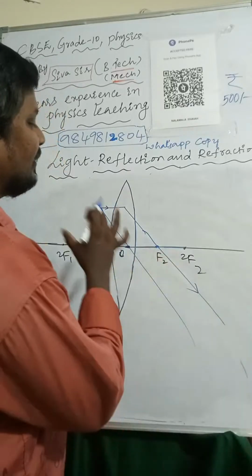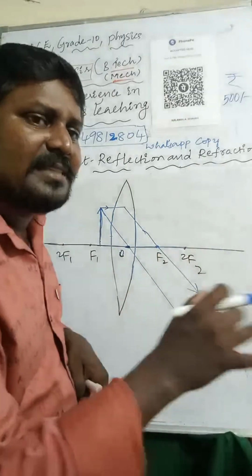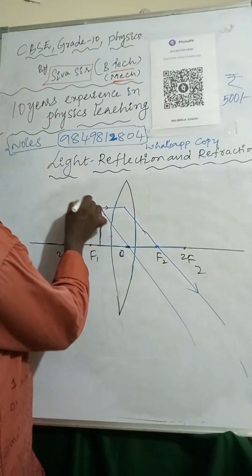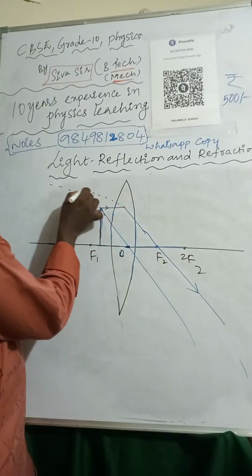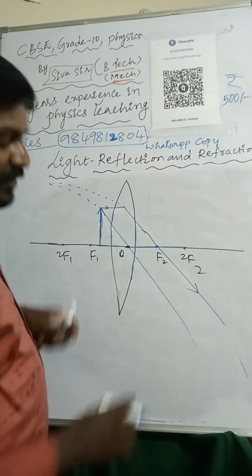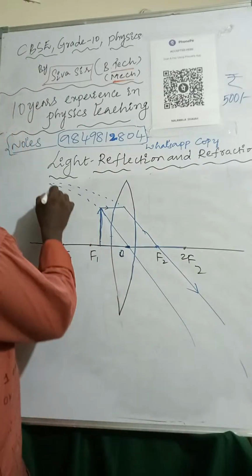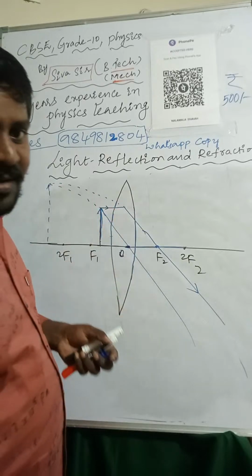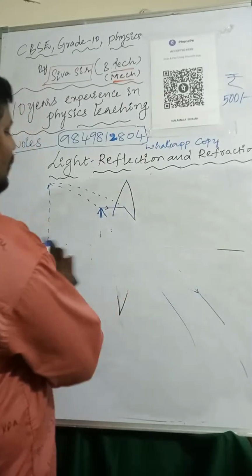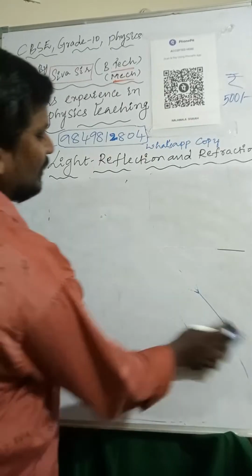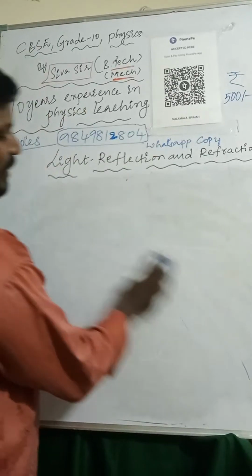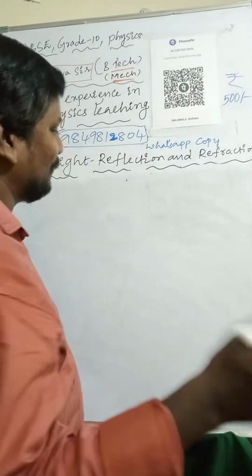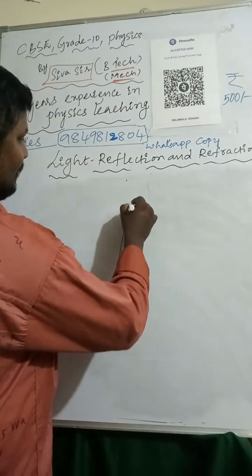If you extend these light rays, they will meet at one point. If you want to draw like this, the light rays will meet here. Generally, if you use a scale and everything, you will get it. So I will tell how to draw this diagram accurately and neatly.